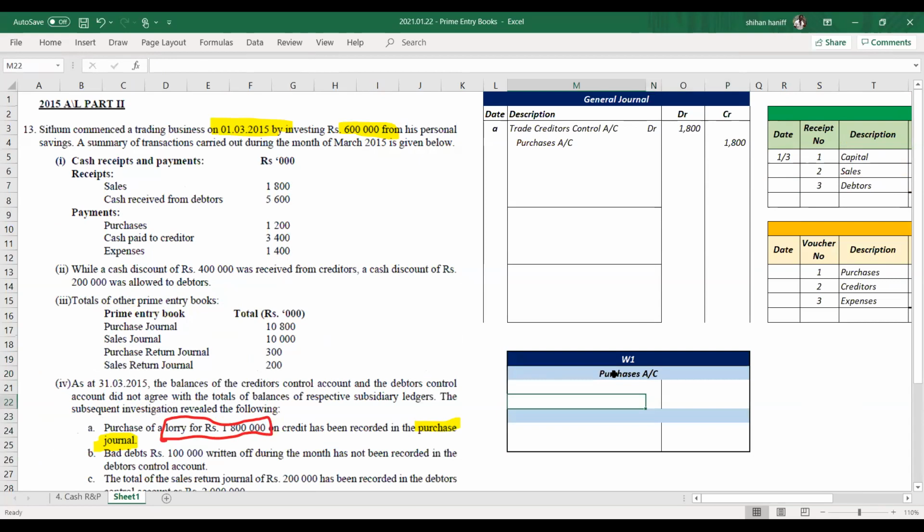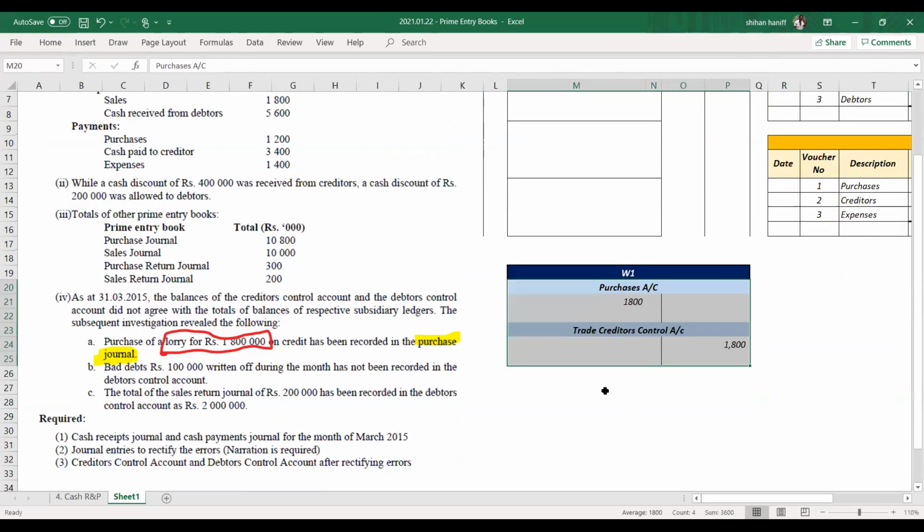Purchases account will be debited 1.8 million and trade creditors control account will be credited 1800. So this is not purchase of inventory.